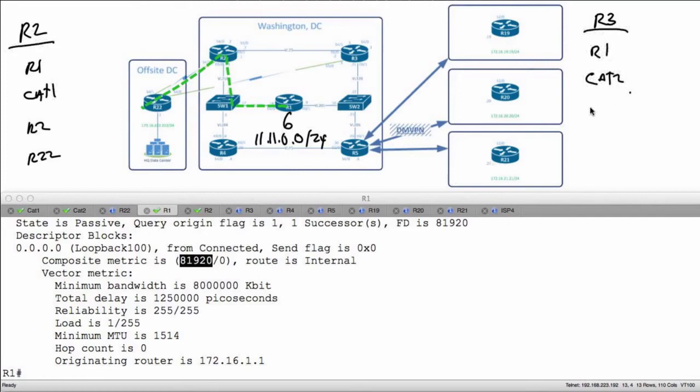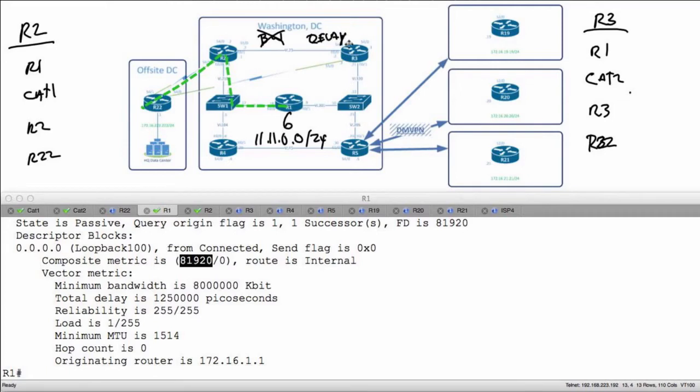From Cat2, it's going to go to R3. From R3, it's ultimately going to arrive at R22. Now, since we turned bandwidth off, all we need to look at is the delay values. So let's take a look at what happens.